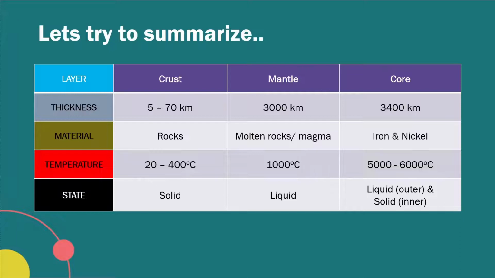For each of the layers, we need to know the thickness, what the materials are, the temperature for that layer, and also whether it is solid or liquid. Take a moment here, try to memorize them.